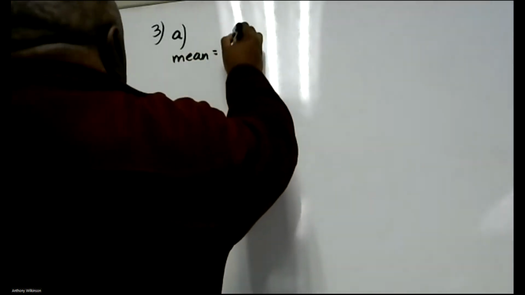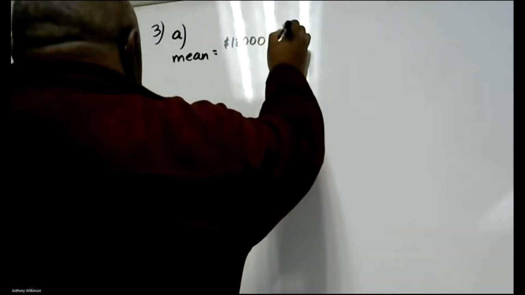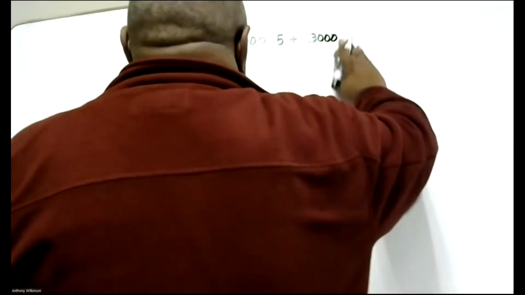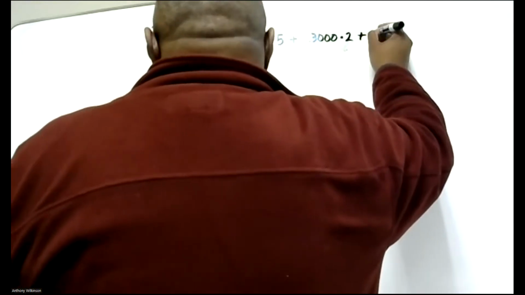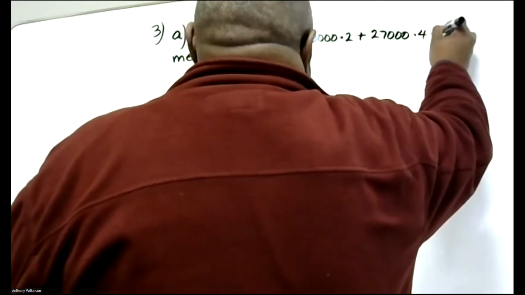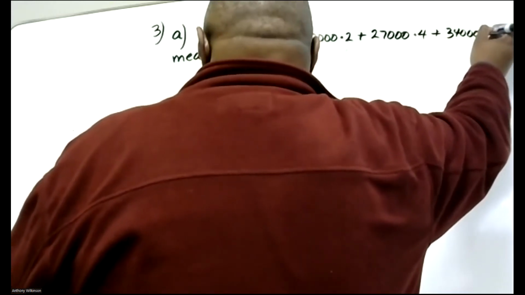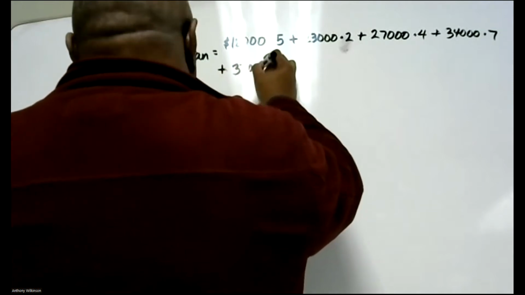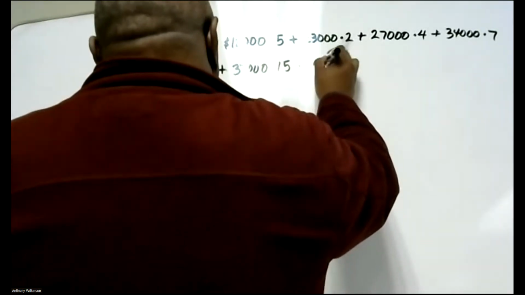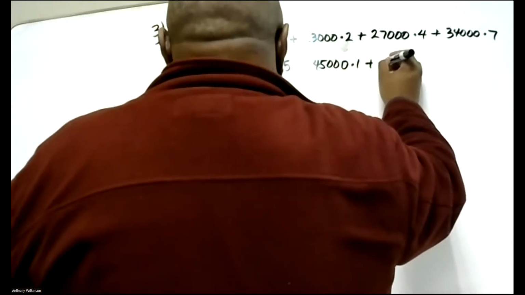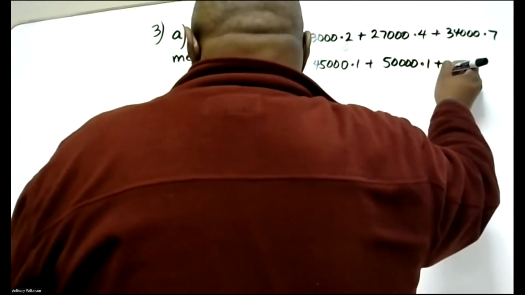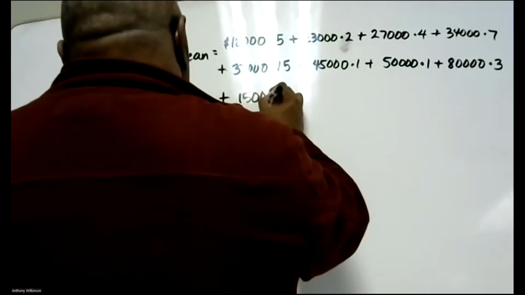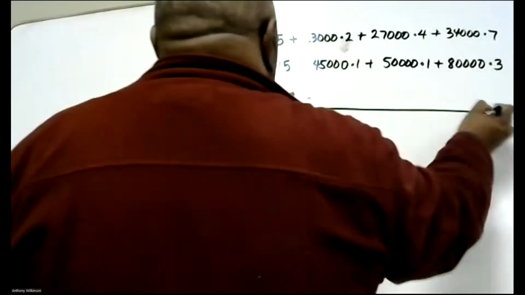You have to take each salary, which is $18,000, for example, multiplied by the number of dancers, which is in this case 5, plus 23,000 times 2, because there are 2 dancers with that salary of 23,000, and then 27,000 times 4, then 34,000 times 7, plus 37,000 times 15, 45,000 times 1, 50,000 times 1, 80,000 times 3, and plus 150,000 times 2. Now, all that's going to be divided by 40.